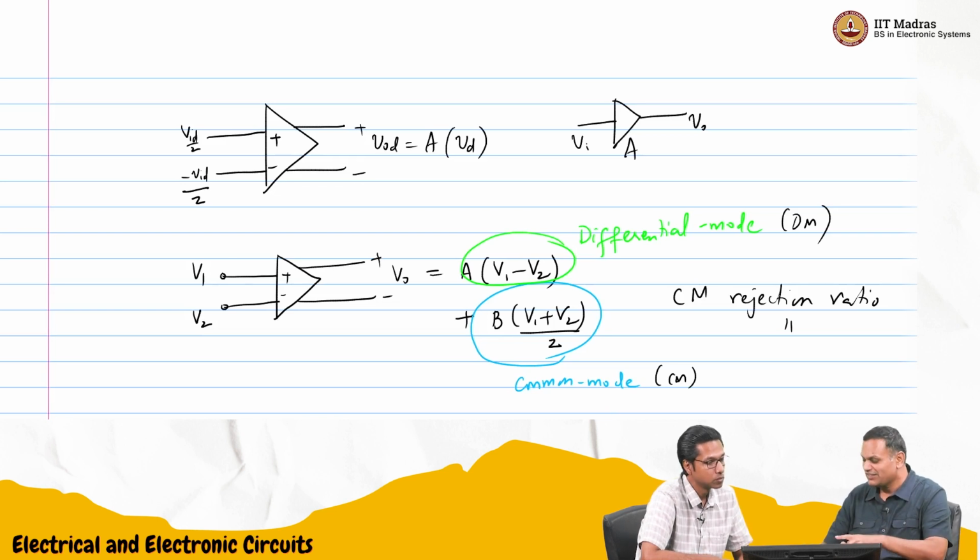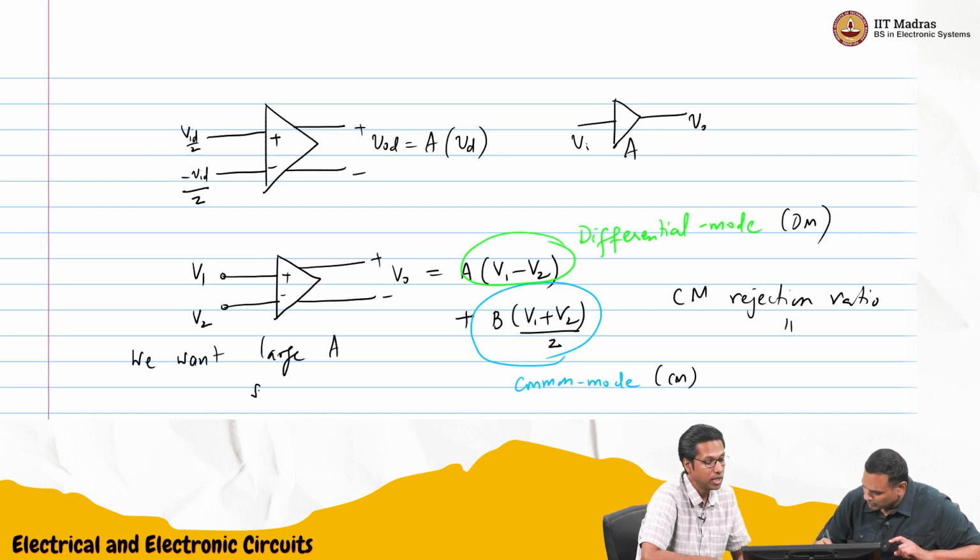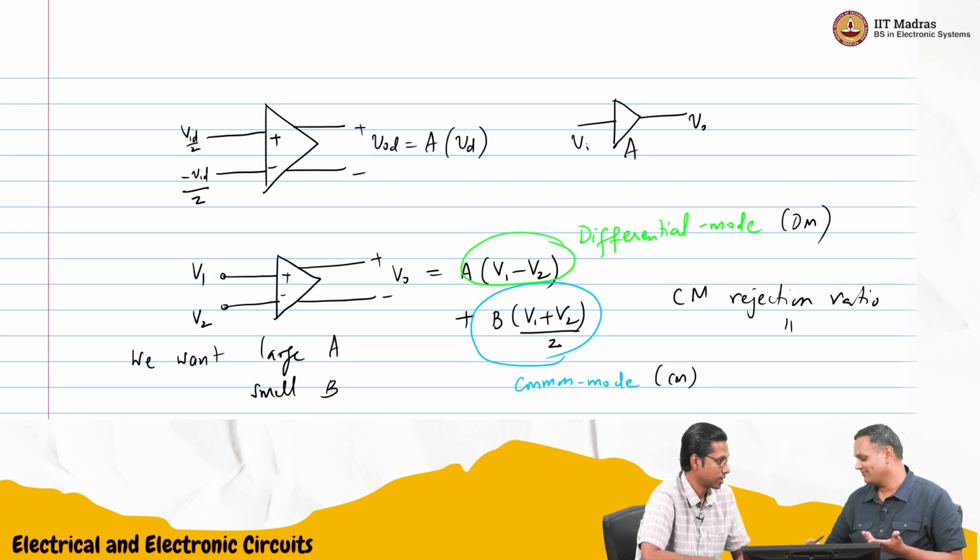You're giving some arbitrary V1 and V2, and you're trying to find out how much of the output is only V1 minus V2. So you want A to be large, B to be small. B is the gain for the common mode signal, and A is the gain for the difference.